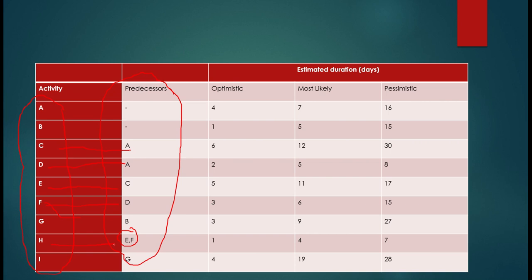So, to save my time, I'm already seeing where two activities are ending together. So I'm going to end E and F together, because later on I would need E and F together, so that I can make H from there, right?